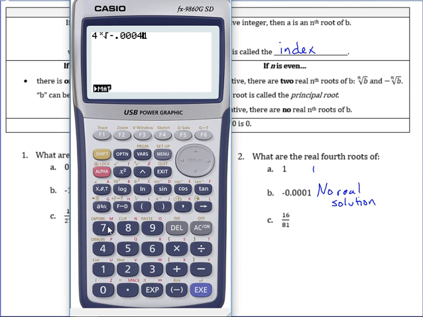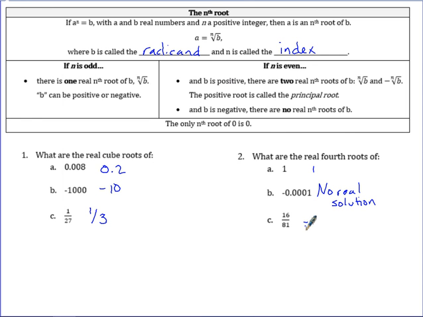And then last thing I need is the 4th root of 16 over 81. And that would be 2 over 81. And this is a point where how you enter things in your calculator is important.